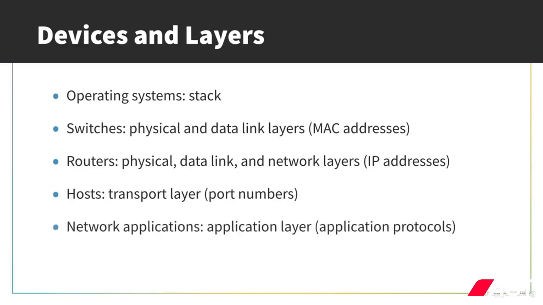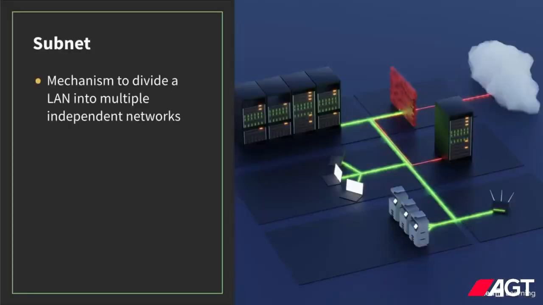Network applications need the application layer, which, as its name suggests, handles application protocols such as the Hypertext Transfer Protocol, or HTTP. A subnet is a mechanism to divide a local area network, or LAN, into multiple independent networks.